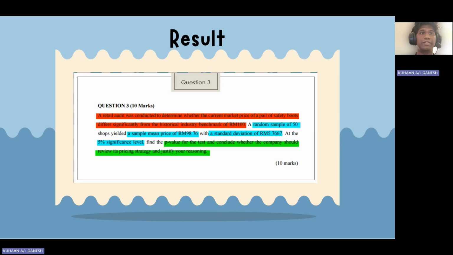As for question 3, I separated them into 3 groups, which are red, green, and blue. Red is for hypothesis information, blue for sample size, mean, and standard deviation for the question, and significance level. As for green, I separated them into the values we need to find and the conclusion we need to give.